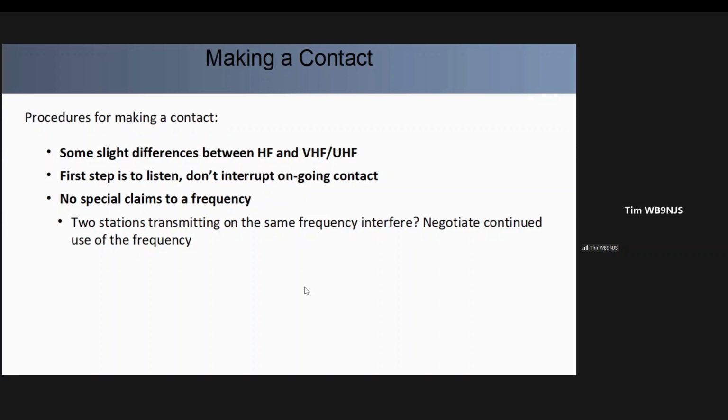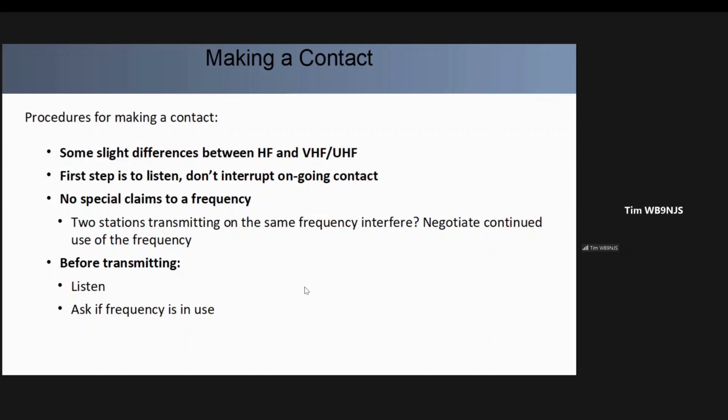Obviously, in the event of emergency traffic, things like that should have priority over just casual conversation. Before you start transmitting, you want to do several things. Like I said, you listen, make sure you're not interrupting a conversation in process. If you don't hear anything, the polite thing to do is come on and ask, is this frequency in use? And then sign your call.